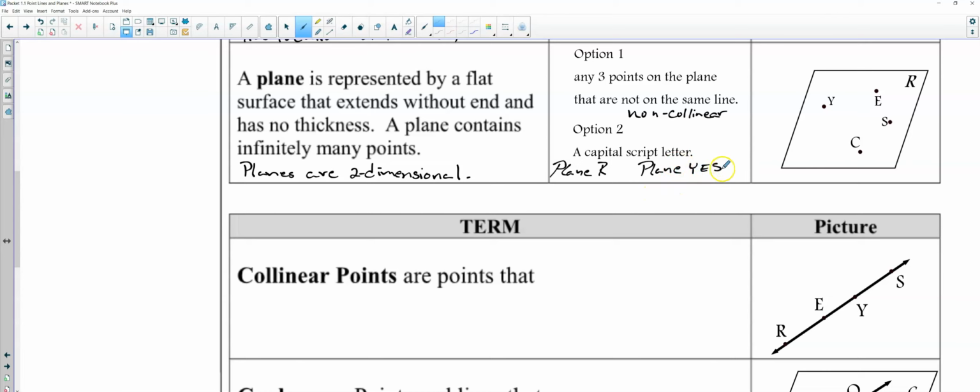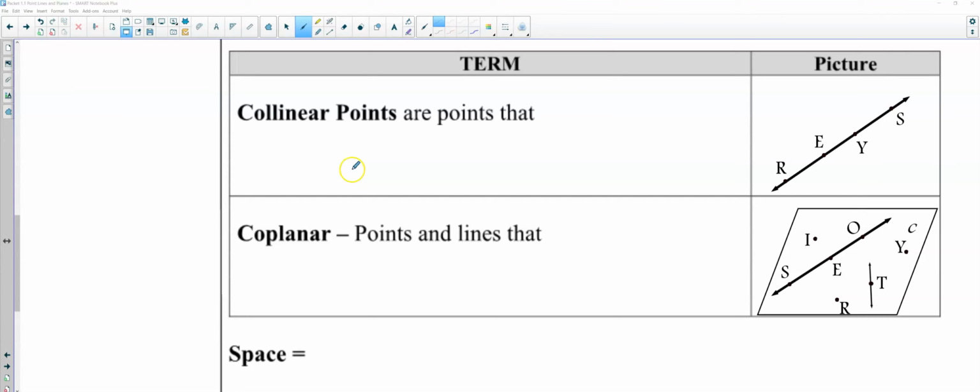There you go. Or plane CSE, and those could be names for that plane. Or any 3 points, it doesn't matter the order, as long as those points are non-collinear, you could name that plane by those 3 points. Okay, since we're talking about non-collinear, we have to ask ourselves, what are collinear points? Collinear points are points that are on the same line.